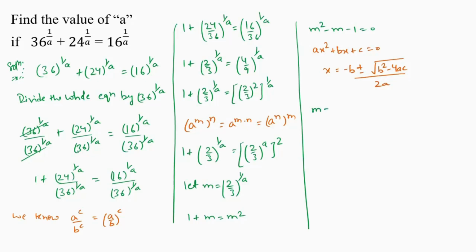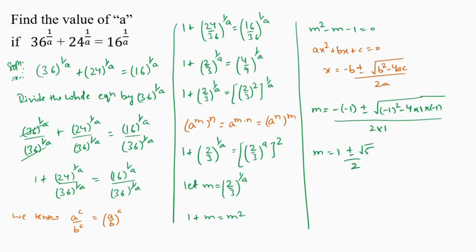So m equals minus (minus 1) plus minus under root (minus 1) whole square minus 4 times 1 times minus 1, divided by 2 times 1. So on solving this, we get m equals 1 plus minus under root 5 divided by 2.